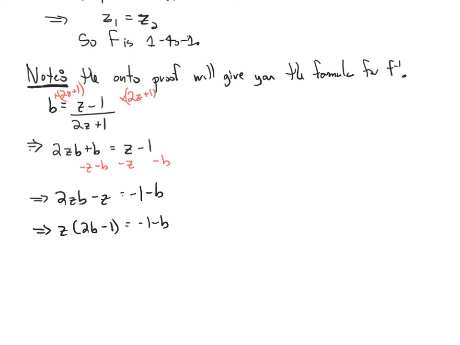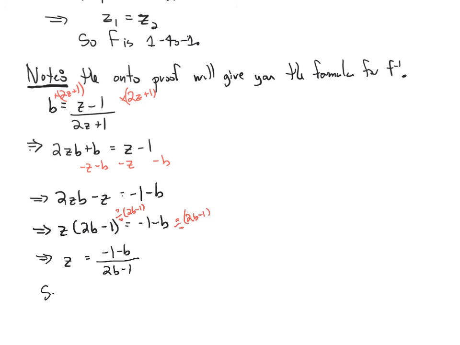And let's divide by 2b minus 1 on both sides. And we get that z equals negative 1 minus b over 2b minus 1. So that's the z that works.